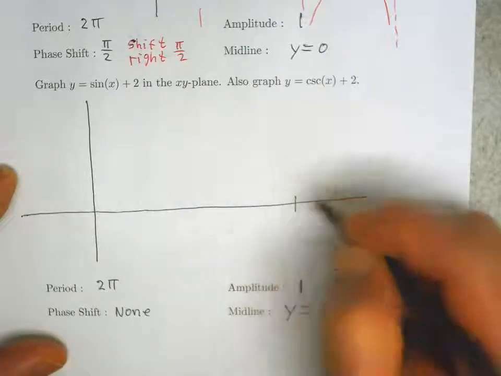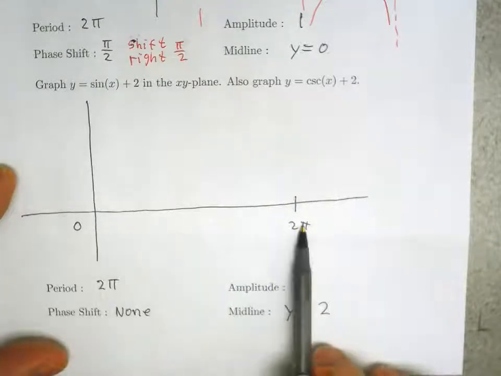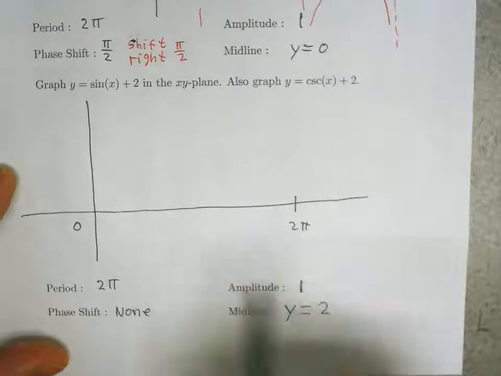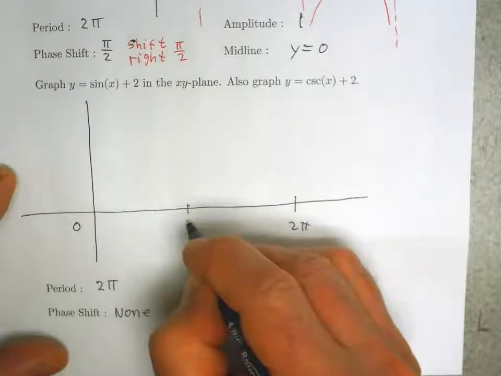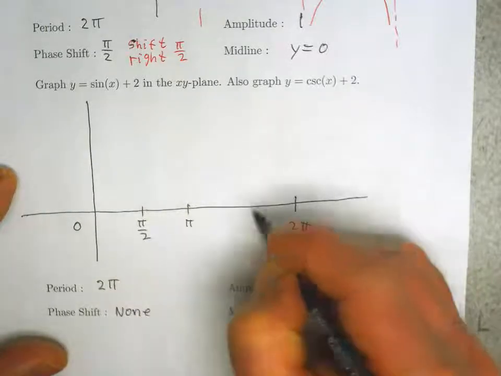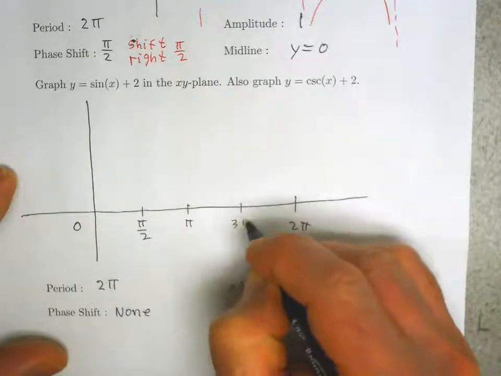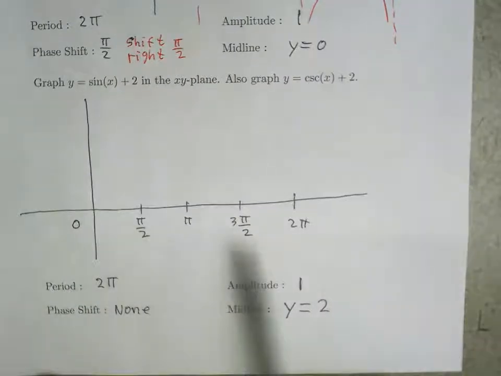So let's put 2 pi here. Subdivide one period into 4 subintervals of equal length. So those are the 4 subintervals, each of length pi over 2.